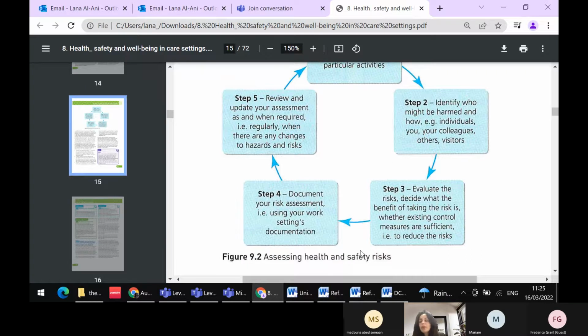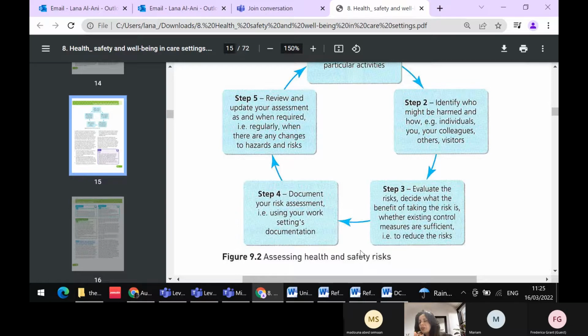Third step of the evaluation, I evaluate the risk and decide what the benefit of taking the risk is. Is there any benefit of taking risk? Because for any activity you do, there is a risk involved.